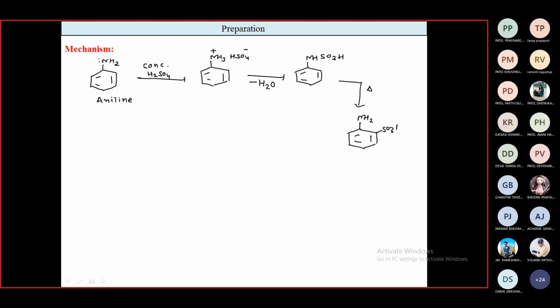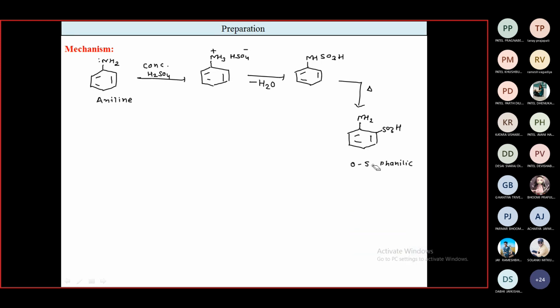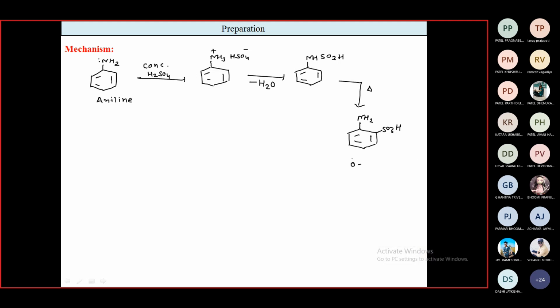So this is called ortho sulfanilic acid, or simply you can say ortho aminosulfonic acid. It becomes ortho amino benzene sulfonic acid.